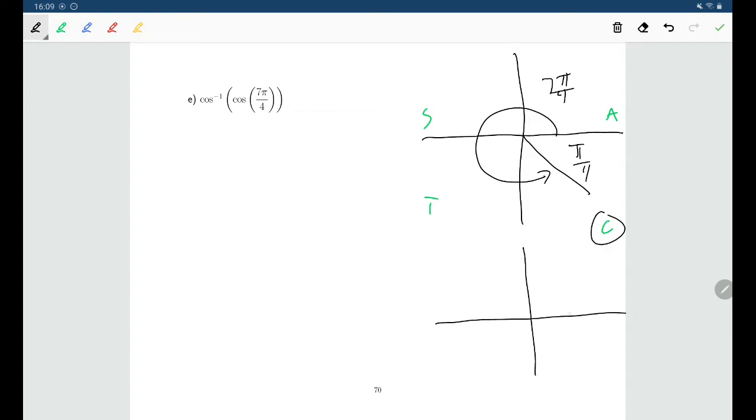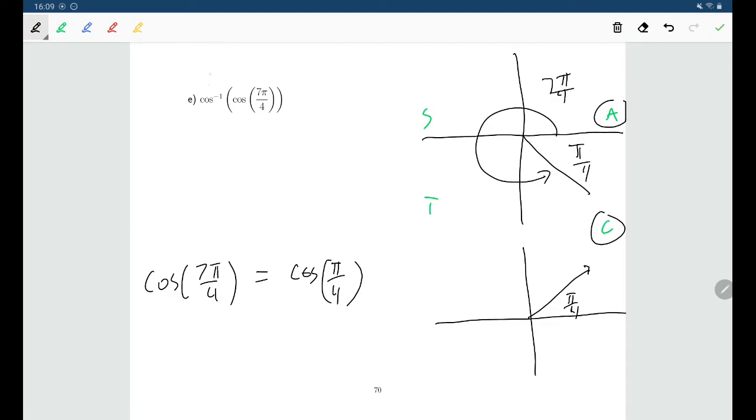So if we're thinking about another angle that has a reference angle of pi over 4 and is in a quadrant where cosine is positive, that would be pi over 4 in quadrant 1. We know that cos of 7 pi over 4 will be positive, and cos of pi over 4 will also be positive, and they both have the same reference angle, so they should both be equal to each other.